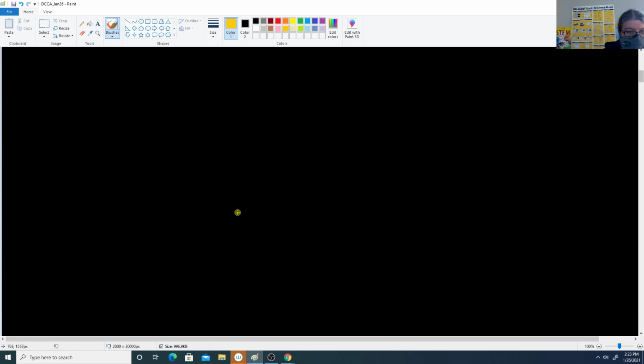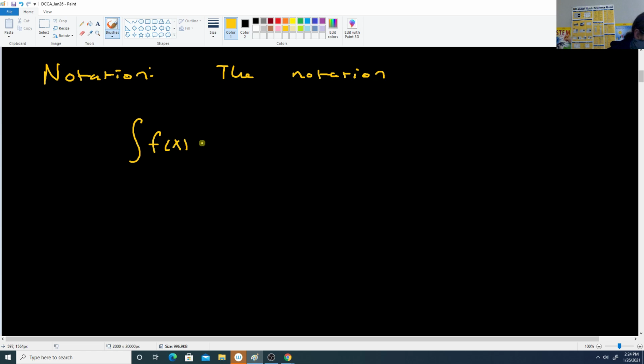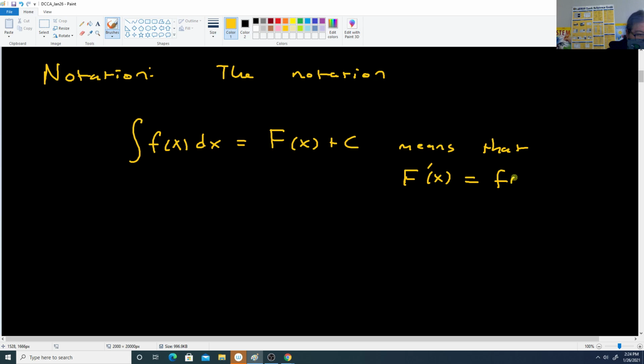Okay, so the next little topic here is notation. We say the notation, we have this integral symbol, the integral of f of x dx equals F of x plus c, means that the derivative of capital F of x equals little f of x.